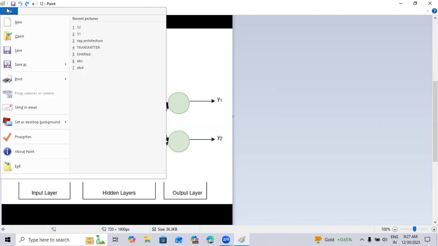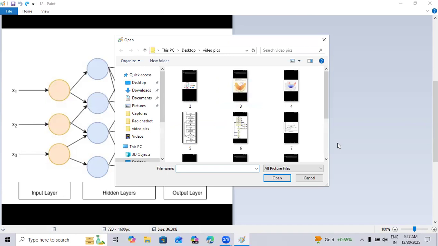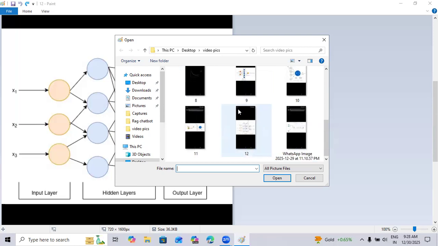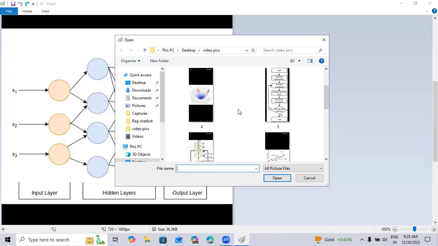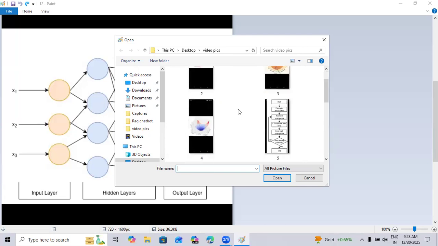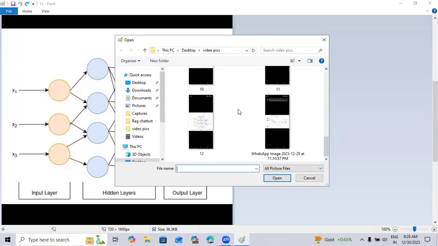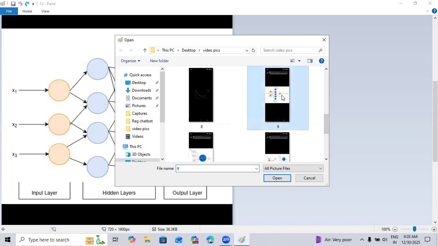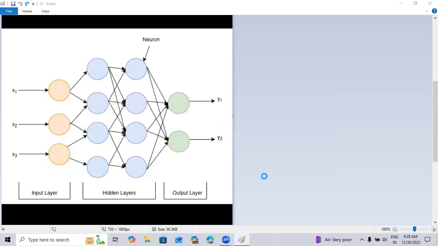Yeah, let me open another picture. This is the forward propagation.